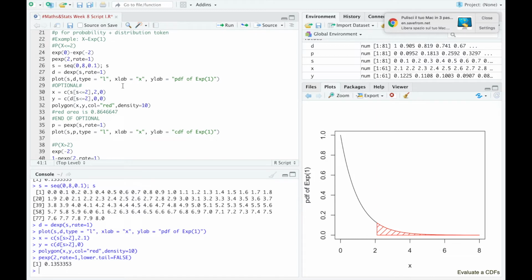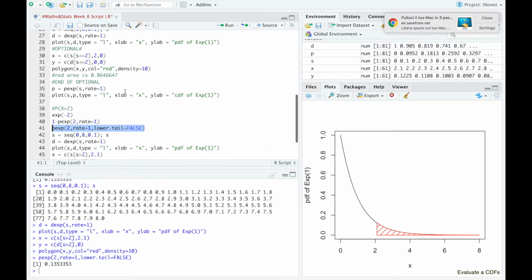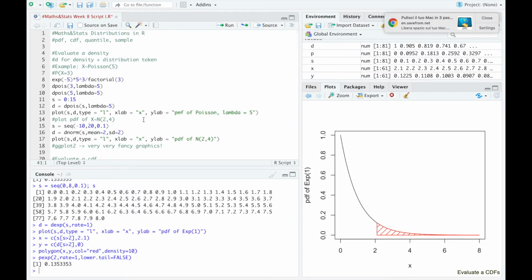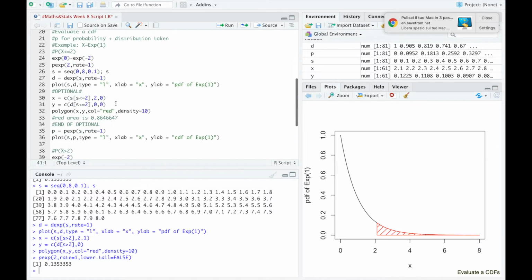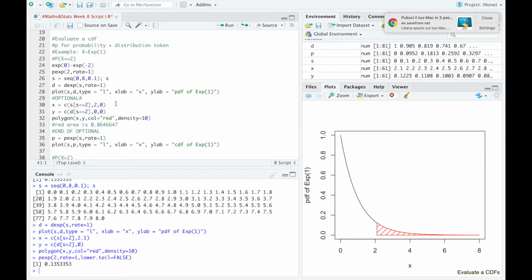And this is it for pexp and evaluating CDFs. This is very important because for the PDF we know the formula, so we can easily use the calculator to get the PDFs. However, with CDFs, you'd have to calculate an integral, and for the normal distribution, for the chi-square, and for other functions, we don't have a closed form for the CDF of the distribution.